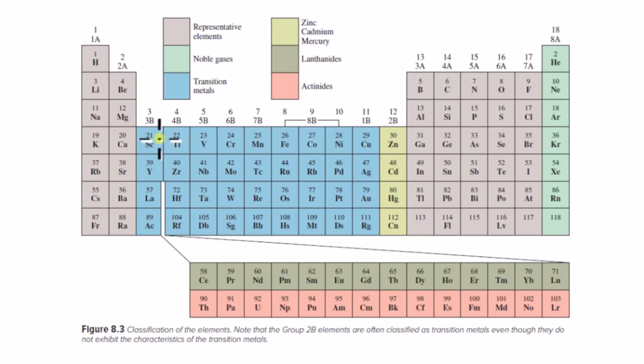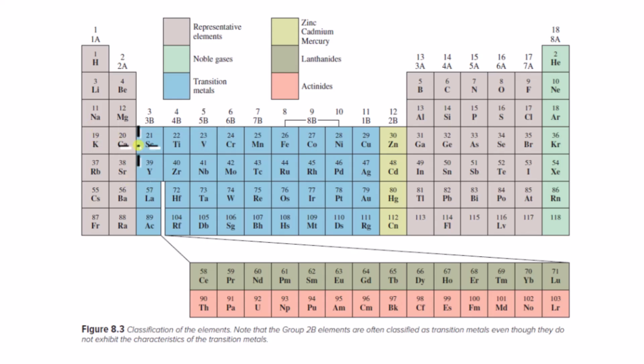Now they also talked about these column labels. There are two separate sets of column labels shown here. On top, each column is just numbered in order, 1 to 18. On the bottom, you've got a number and a letter. So it goes 1A, 2A, and then 3B, 4B, 5B, 6B.